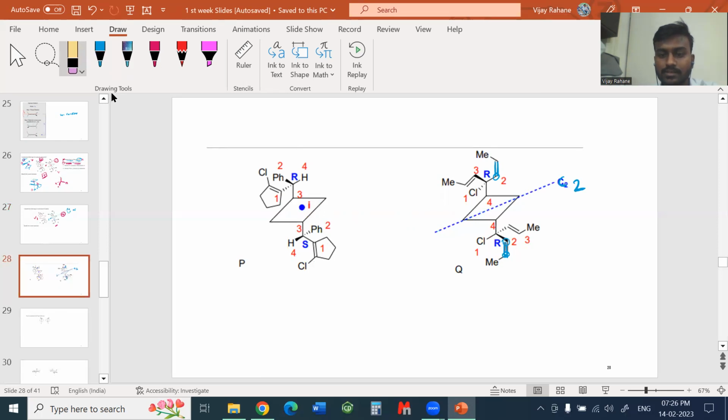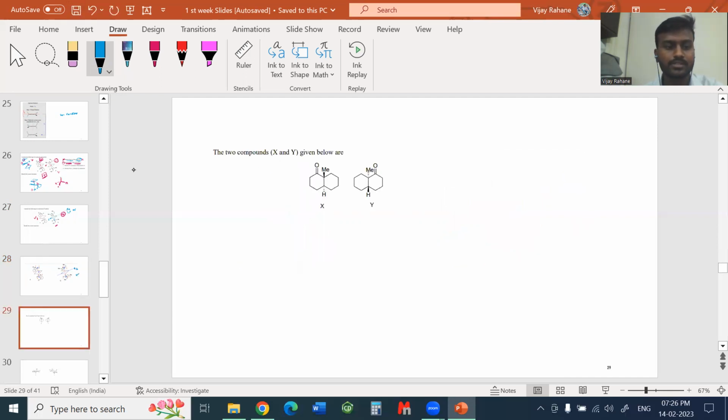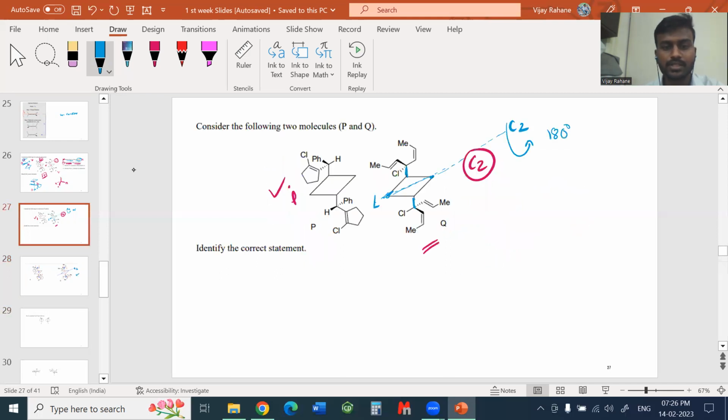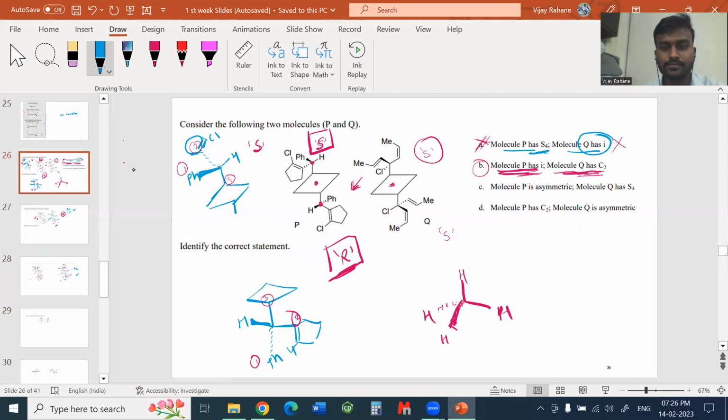So it has the C2 axis and both have the same configuration. So these are the correct statements, right? So it has the C2 axis. So the correct statement is the second one.